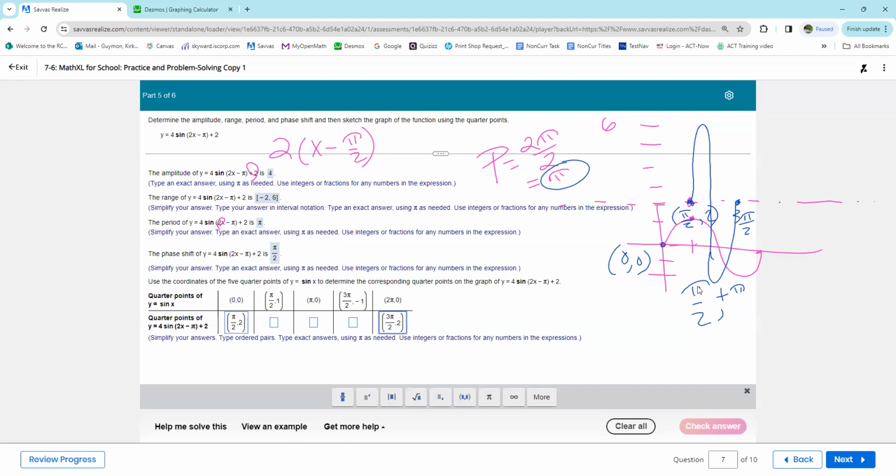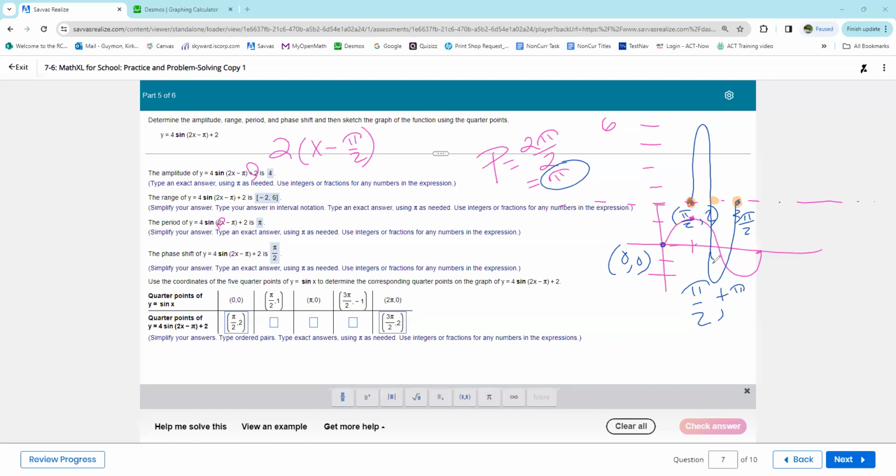All right. And then we're halfway in between there. If we start the cycle here and end the cycle here, halfway in between we have to be at that point, and the whole period was pi.